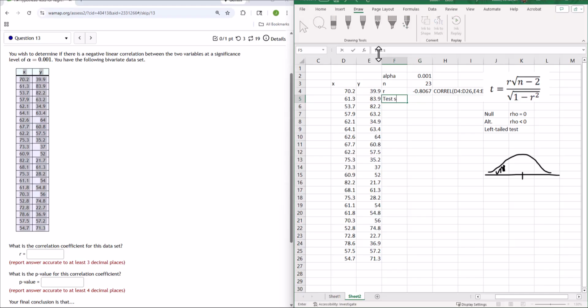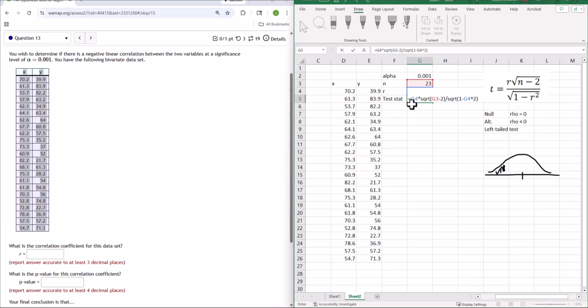So I'm putting a T here, but this is really our test statistic. And it is a t-test because this is our formula here, so it makes sense. So it's R times the square root of n minus 2, and then we divide that by the square root of 1 minus R, and that quantity gets squared.